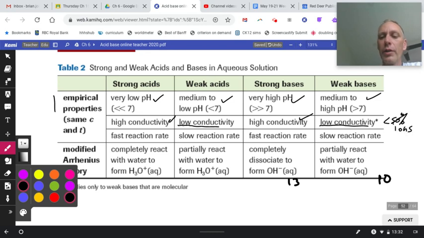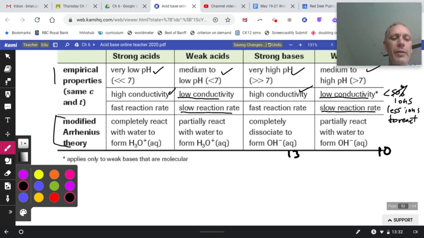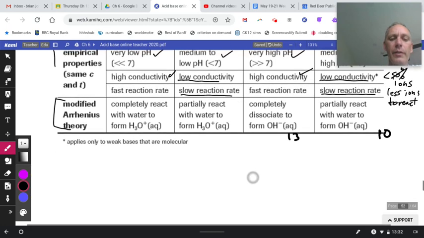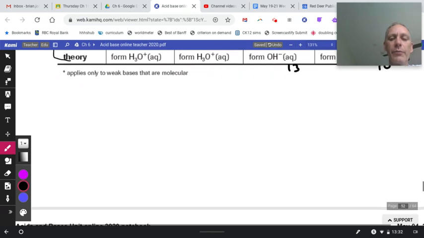So they have lower conductivity, and they have slower reaction rates because they have fewer ions to react. And we already talked about the theory explaining why that is, with complete and partial reactions from strong to weak.